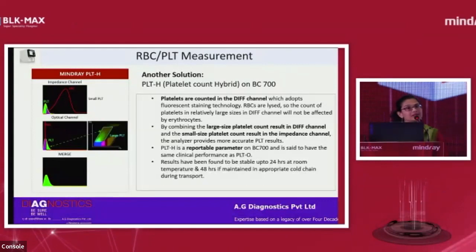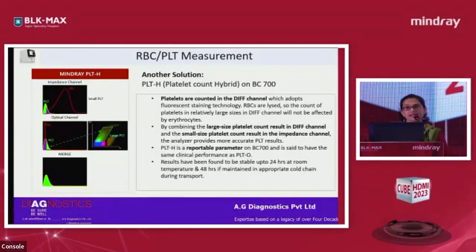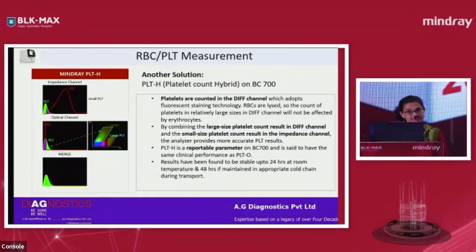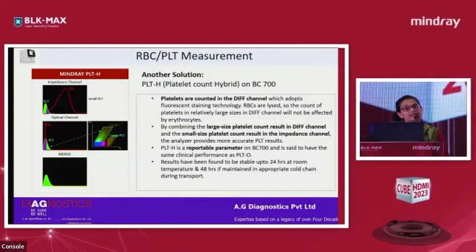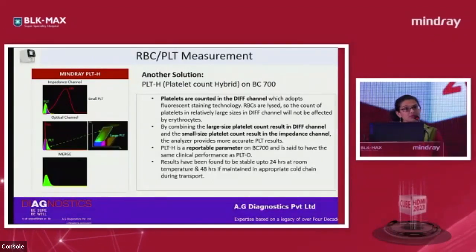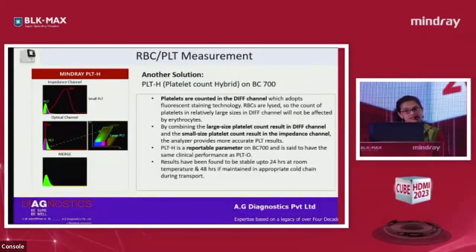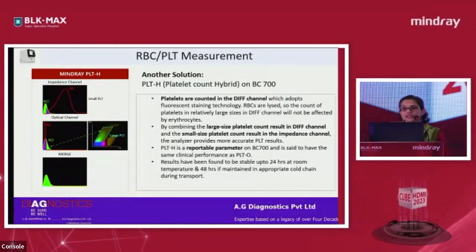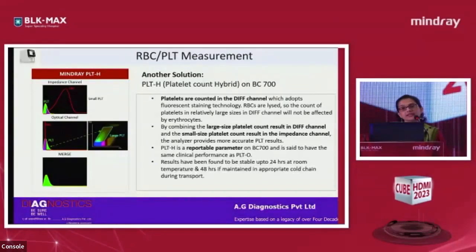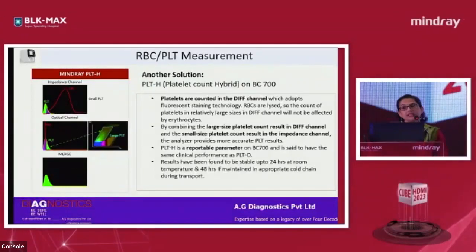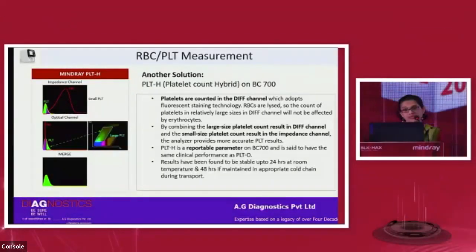So now we have another solution, this platelet H or platelet count hybrid on the BC700. Here platelets are counted in the diff channel, which adopts the fluorescent staining technology. RBCs are lysed, so the count of platelets in the relatively large sizes in the diff channel will not be affected by the erythrocytes.